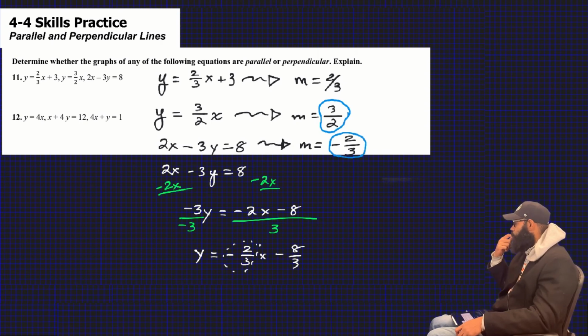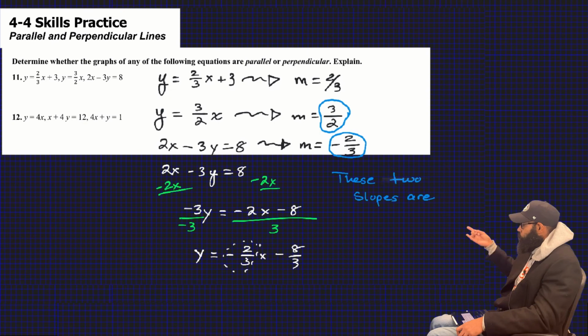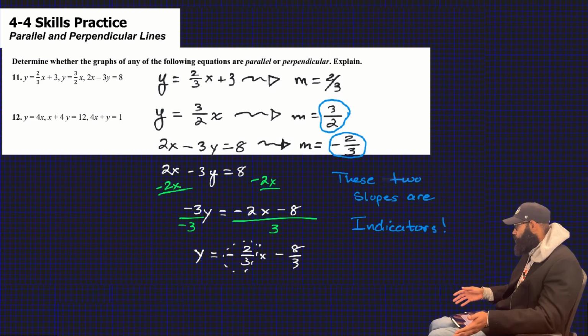I like it. Those are negative reciprocals of each other. Meaning, 3 over 2, if you flip that, you get 2 over 3. So that's what I mean by reciprocal. These 2 slopes are, and that's what we talked about, guys, they're your indicators.